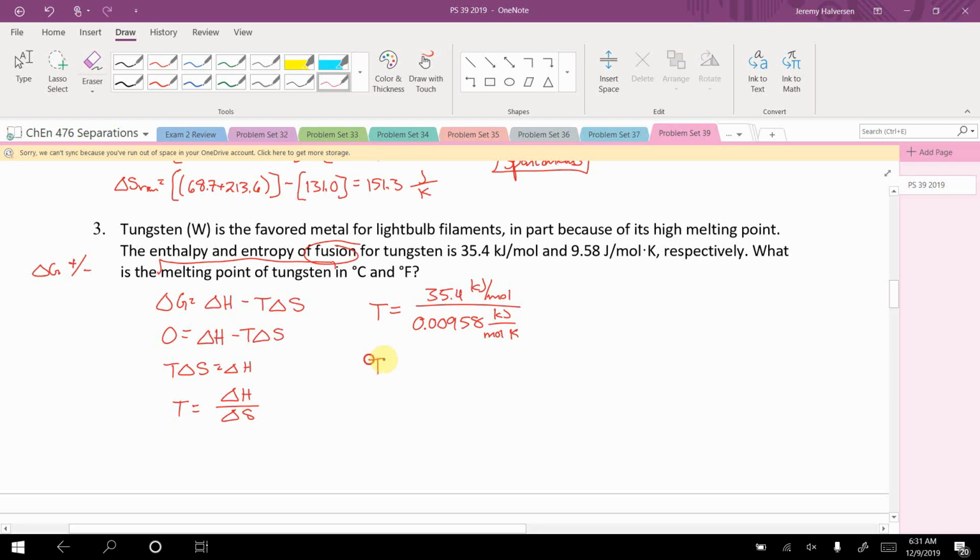Okay, I'm going to do that. I get temperature equals 3695 Kelvin, but they want it in Celsius. So for Celsius, I'm just going to subtract out 273. And for Fahrenheit, I'm going to multiply by 9 over 5 and add 32.